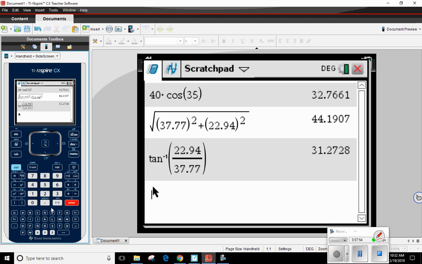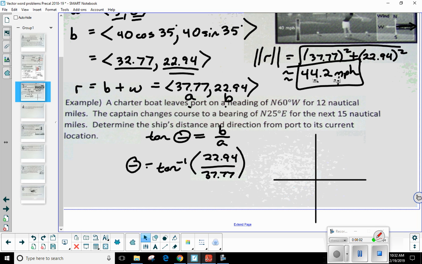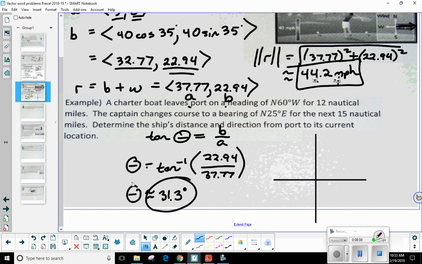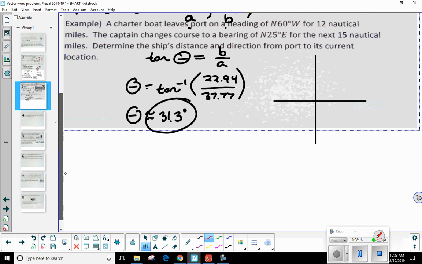Does anybody want me to go ahead and visualize it with a graph? You do? Okay. So let's take a look at this. So theta came out to 31.3 degrees from the horizontal. Now, we've got two vectors. Let me go ahead and do this in red, make it stand out a little more.